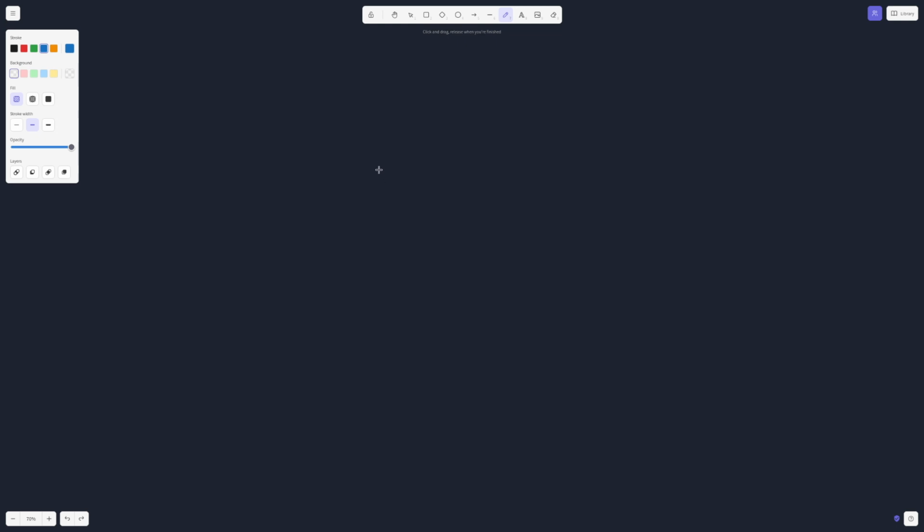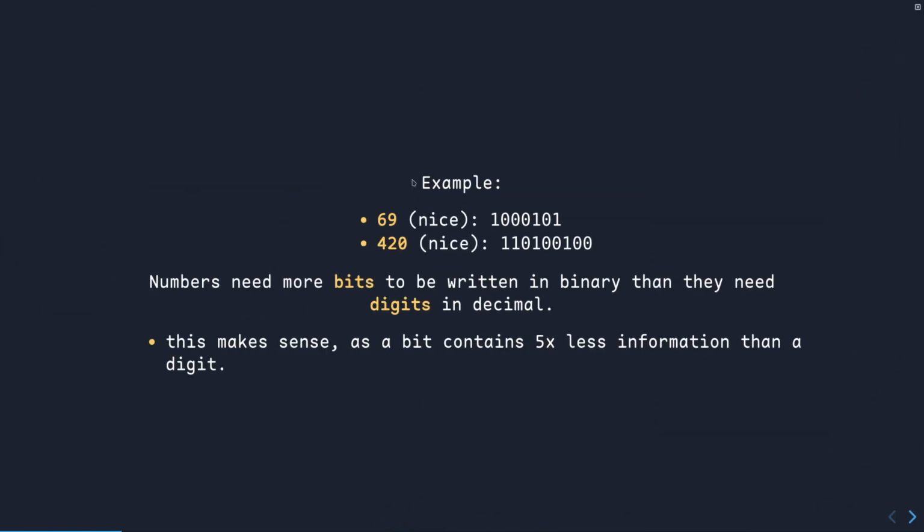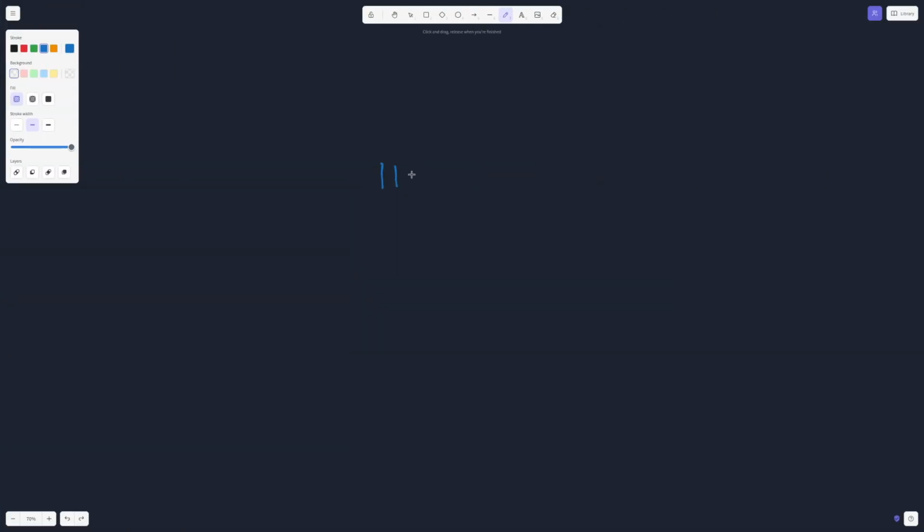So we have, what's the first part? 1101 and then 00100. So if we want to convert the other way around, that's a bit simpler.